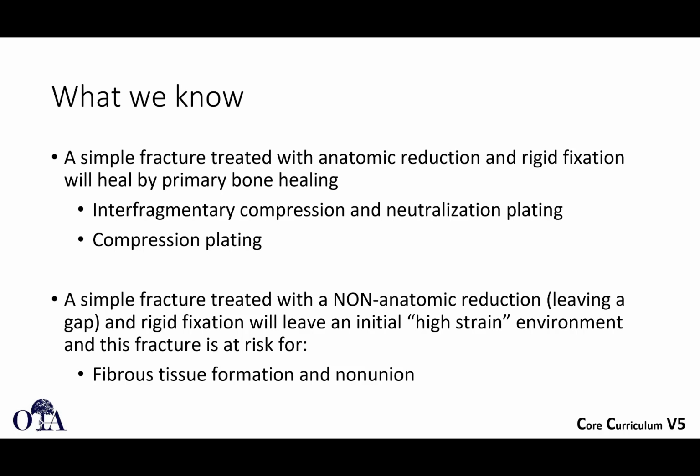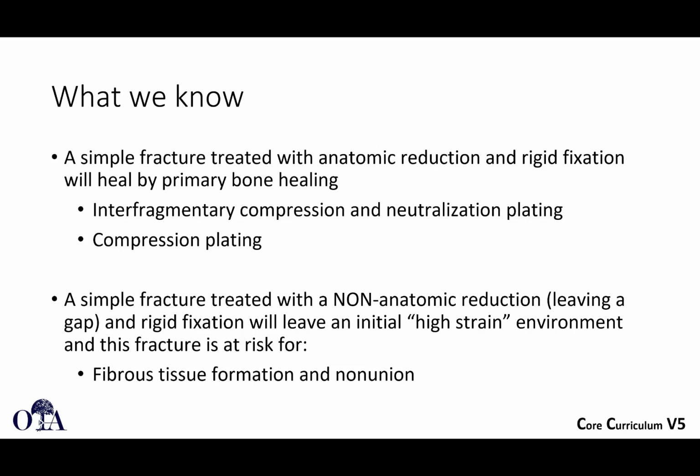So a simple fracture, like a short oblique fracture treated with anatomic reduction and rigid fixation, can heal by primary bone healing. You've got to get interfragmentary compression, and then oftentimes if it's a diaphyseal fracture, neutralized plating or compression plating. And if you have that simple fracture that's not anatomically reduced with a gap, and then you also do rigid fixation, you will have a very high strain environment.